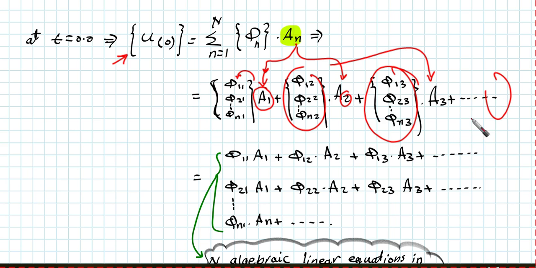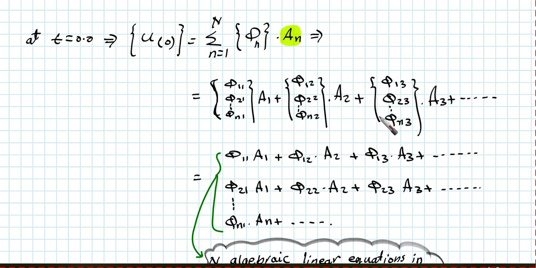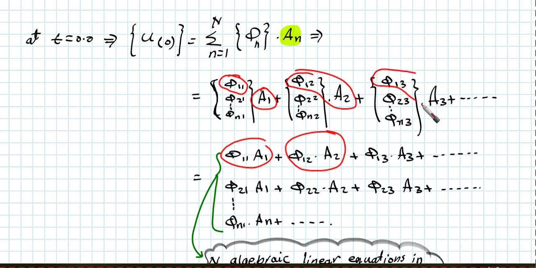So we are going to have this summation. As you can see, it is a little bit cumbersome, a little bit long, right? When you put it in equations, it is phi 1,1 times a1 plus phi 1,2 a2 plus phi 1,3 a3 plus, and so on. Then we repeat it with the second line here.